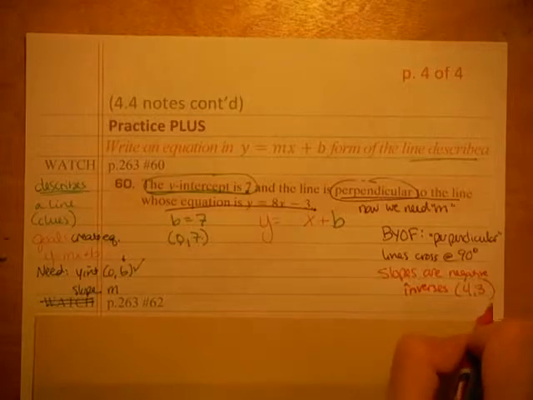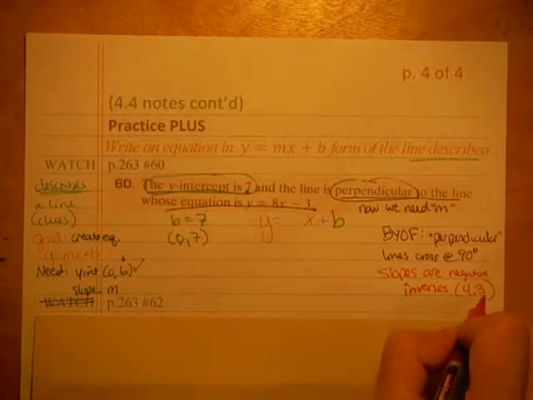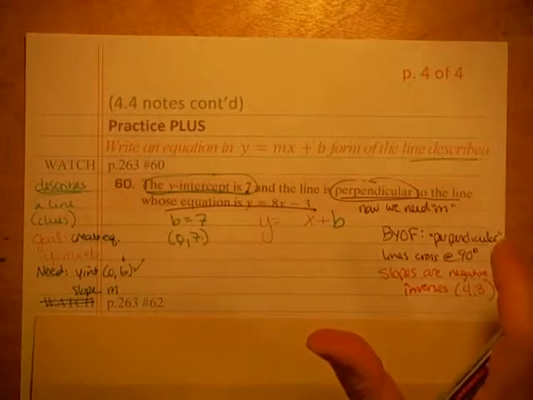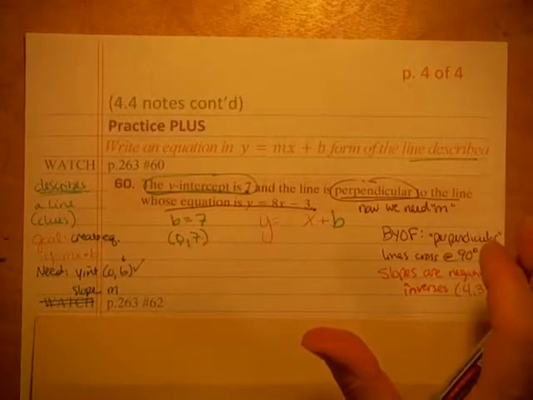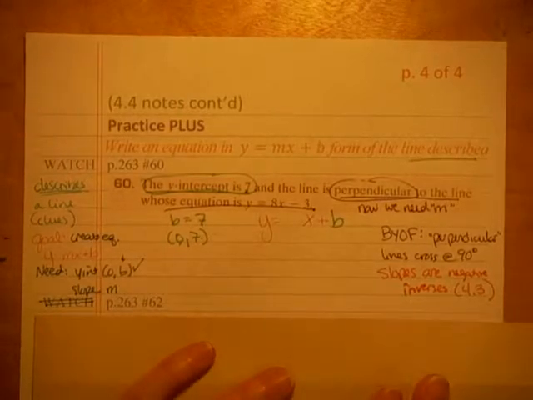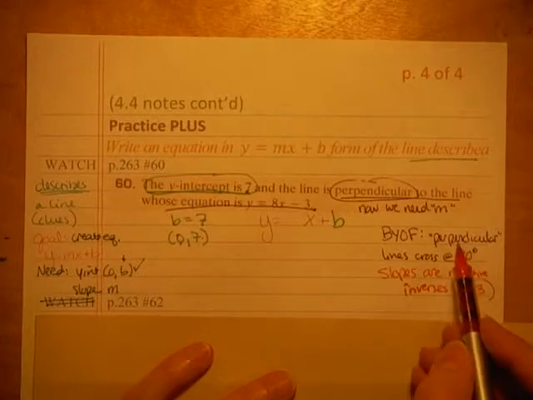In fact, at this stage in the game, you might want to watch some notes, try some problems, watch some notes, try some problems, watch some notes. That might be a better fit because there's a lot of information happening, especially in this chunk right now, 4.2, 4.3, 4.4. But up to you. You are learning your best style of how you gain knowledge and retrieve and store information, so you do what's working best for you. But the slopes are negative inverses if the lines are perpendicular.